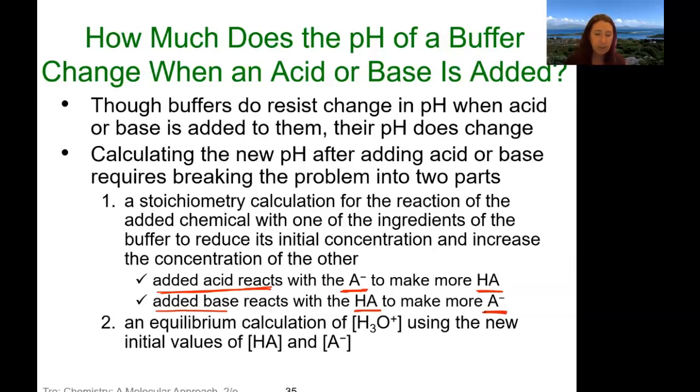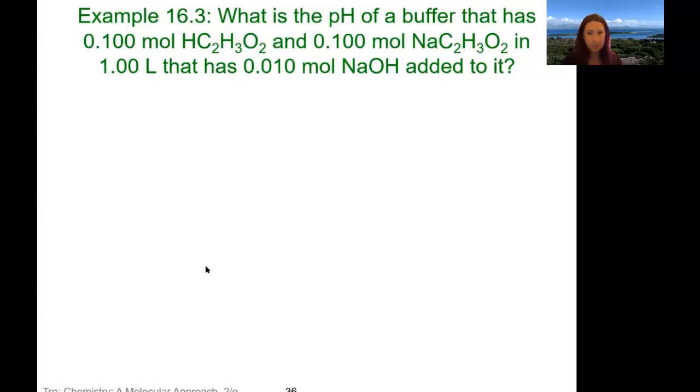So there's 2 steps. Number 1, it's called a moles table or a stoichiometry table. And that's when we're actually going to apply Le Chatelier's principle. And then 2 is using another ice table. Now, a mole table is not an ice table. Not an ice table.